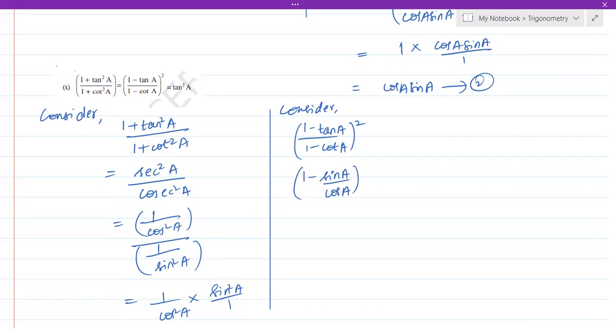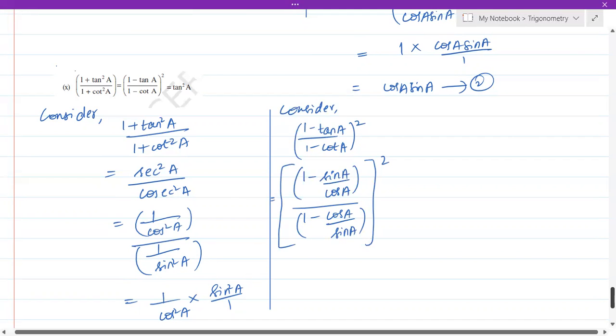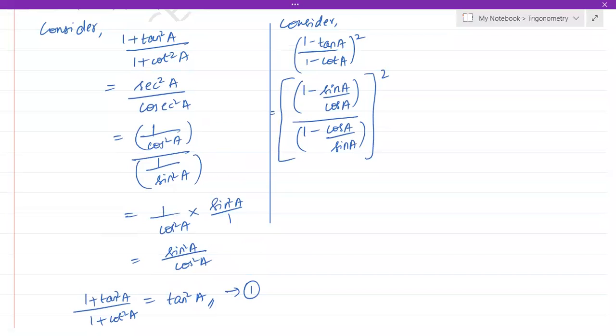Divided by 1 minus cot a, which can be written as 1 minus cos a by sine a. And remember, there is a power outside, that is the square outside. So let me put the square outside. In the next step, obviously after conversion, we have to take the LCM. This 1 can be written as 1 by 1 and this 1 can also be written as 1 by 1.